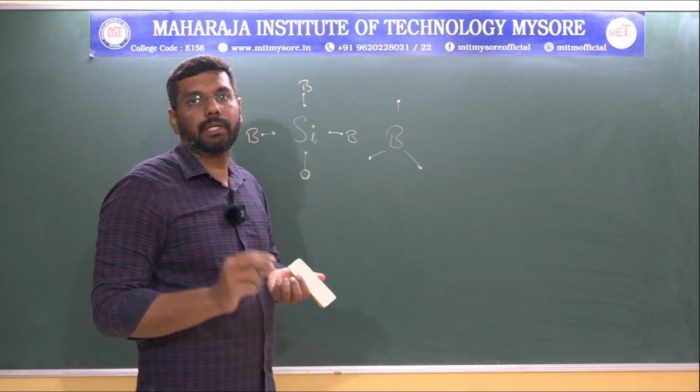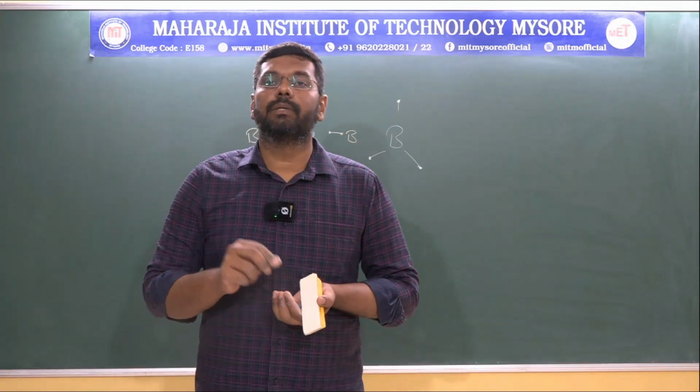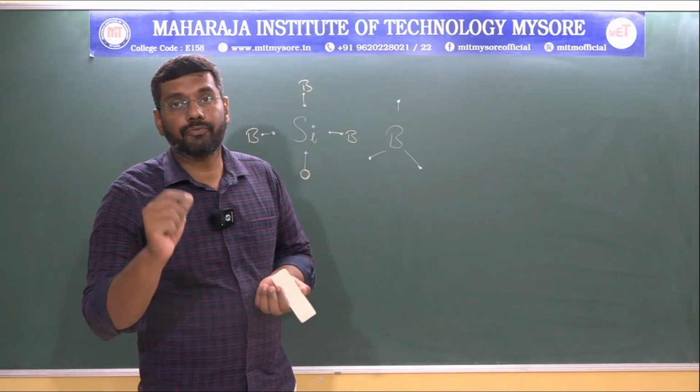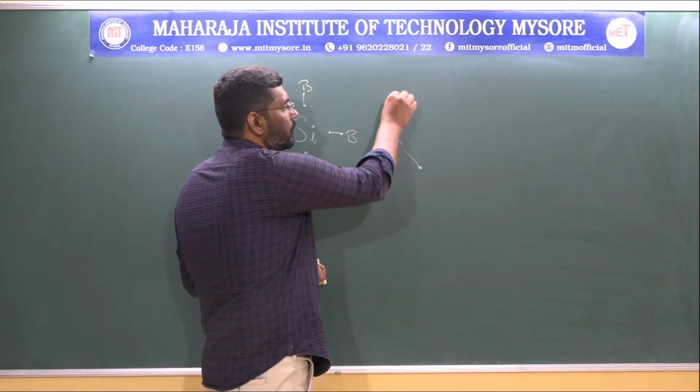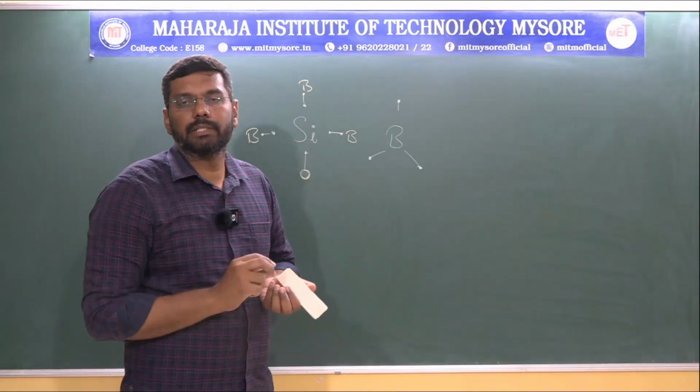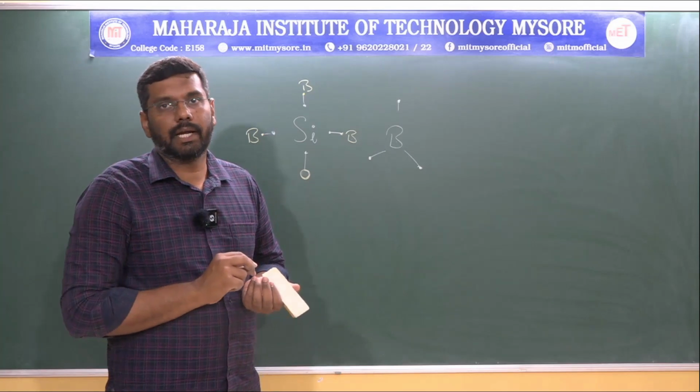A hole is nothing but an empty place which the boron doesn't have the ability to fill, because it has only 3 electrons in its outermost shell and it behaves as a trivalent atom.